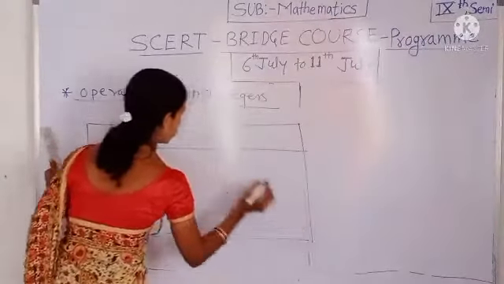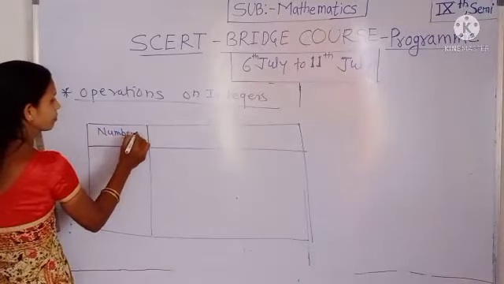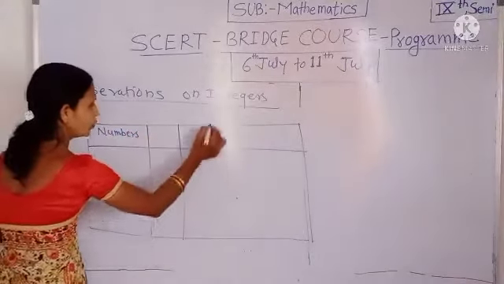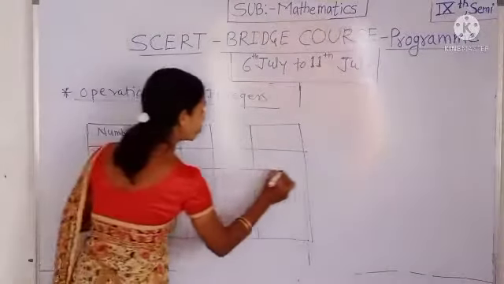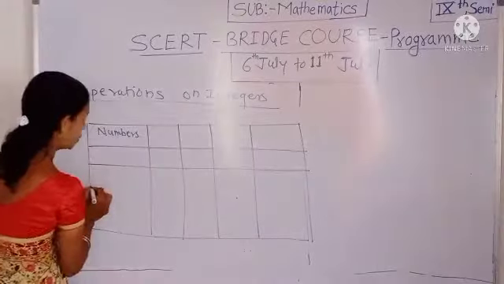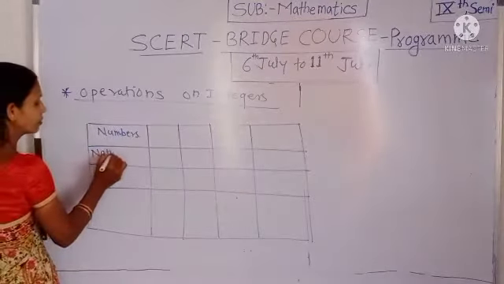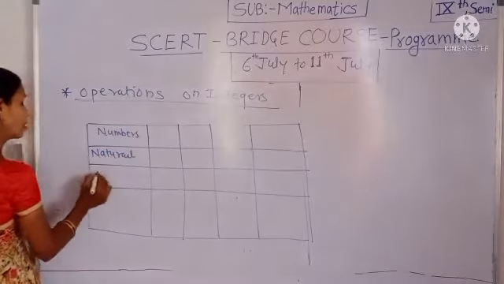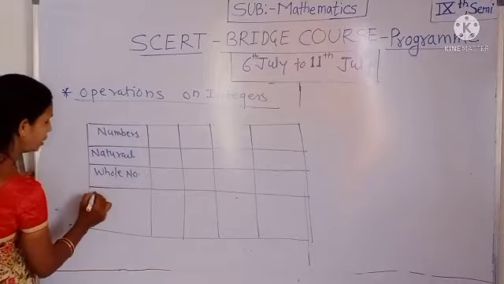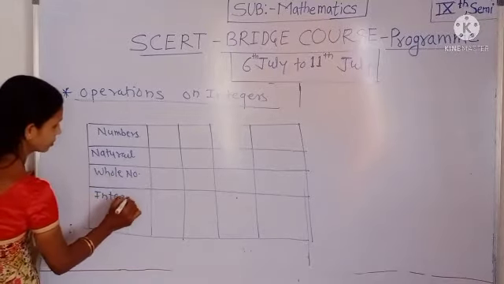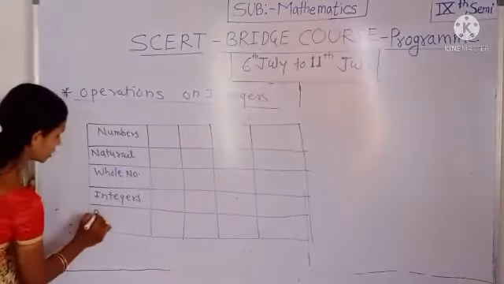Then see here, a few numbers are given here, and we have to find out whether those numbers are natural numbers, whole numbers, integers, or rational numbers.